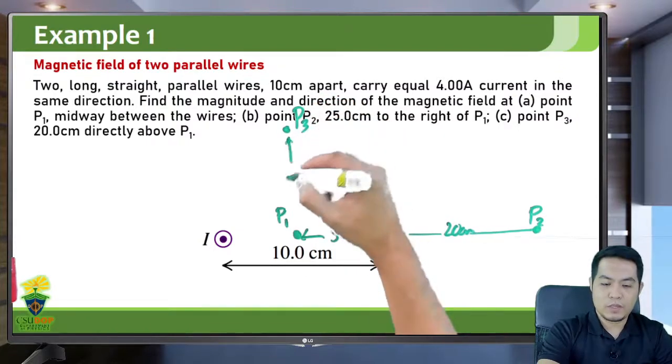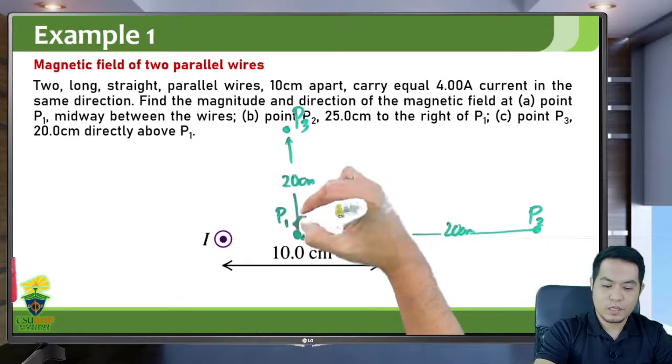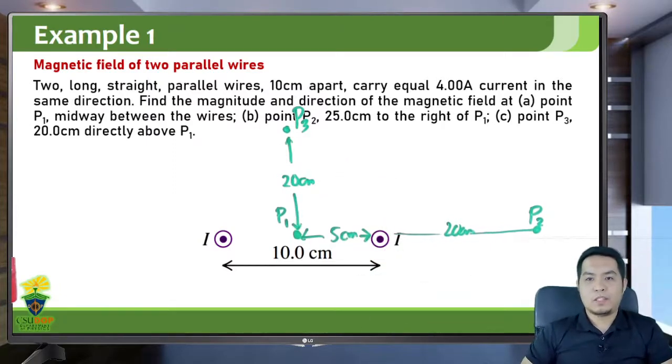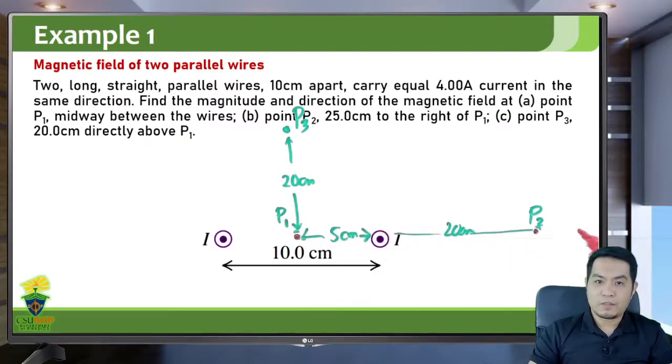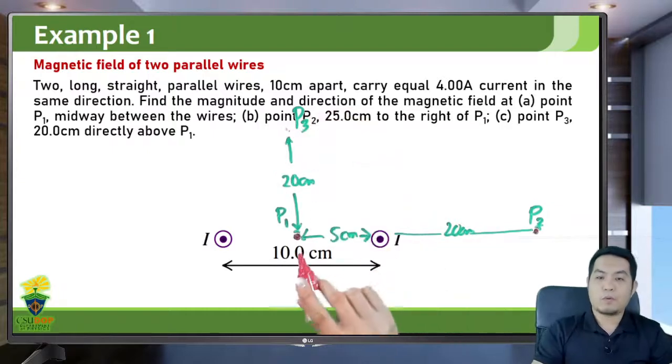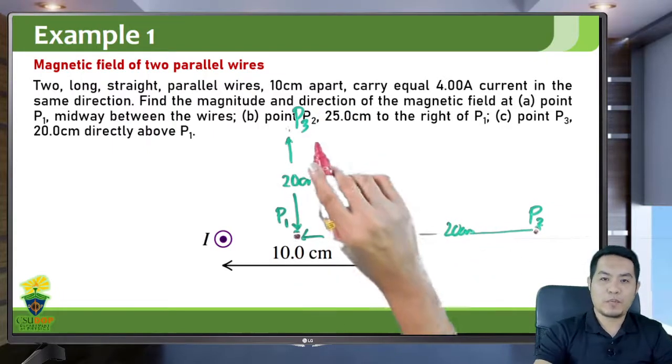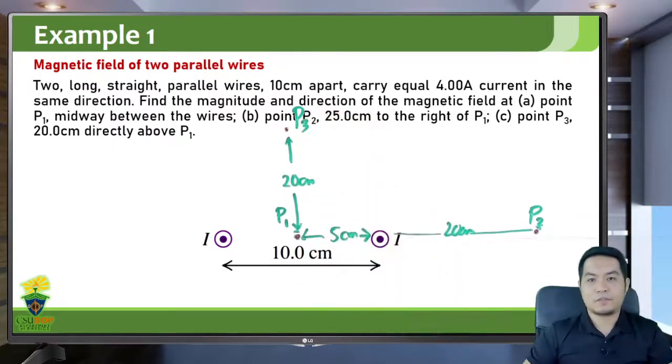These are the points for our problem where we need to find the magnetic field. Point P1 is here, point P2 is here, point P3 here.